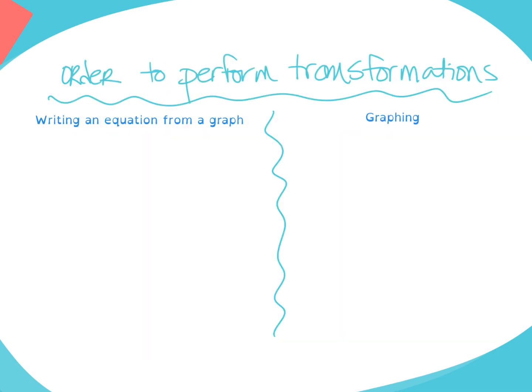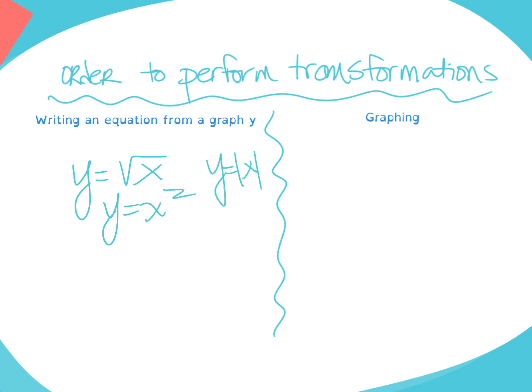Okay, quickly, last, the order in which you perform your transformations. If you are writing an equation from the graph, let's say I'm giving you the graph and I say write the equation from the graph. Always first of all identify your parent function, whether it's square root of x, y equals x, y equals x squared, or y equals absolute value of x.